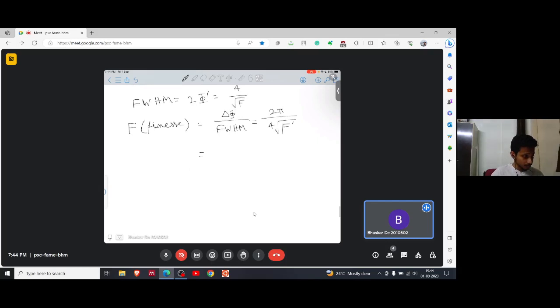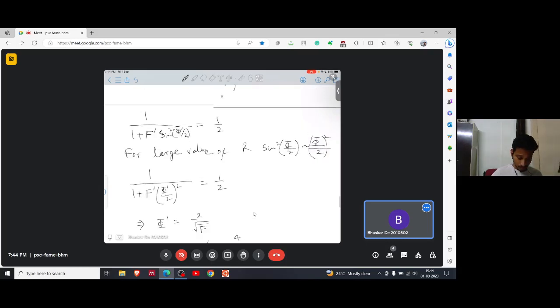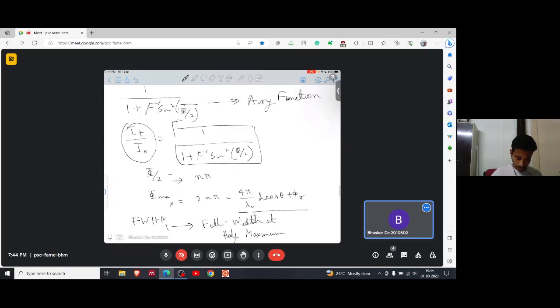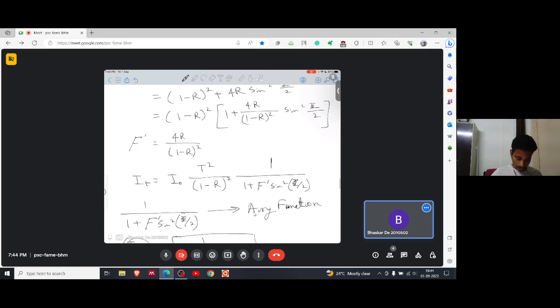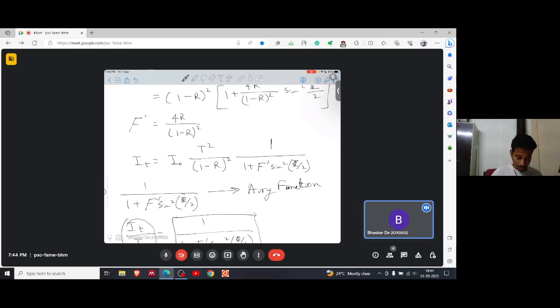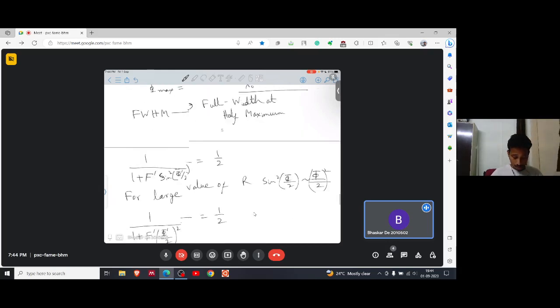Then we will have pi root f dash by 2. Now the value of f dash is 4r by 1 minus r whole square.